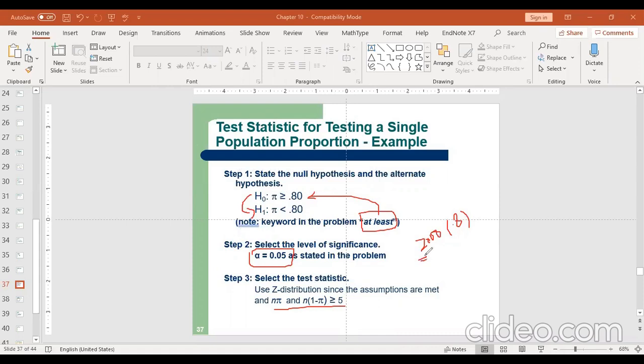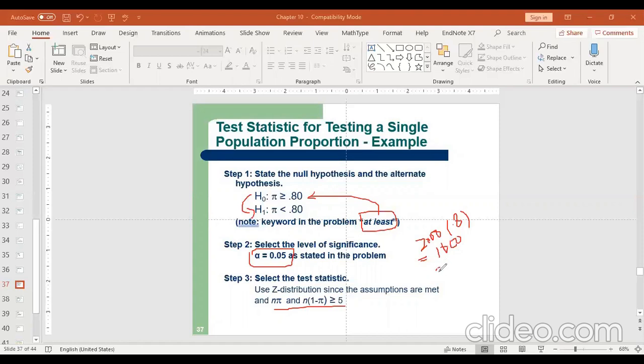If I calculate 2000 times 0.8, this is going to be 1600.